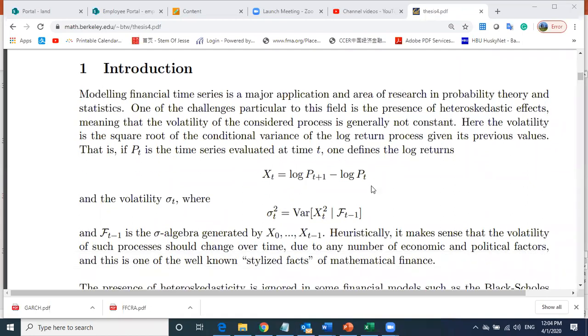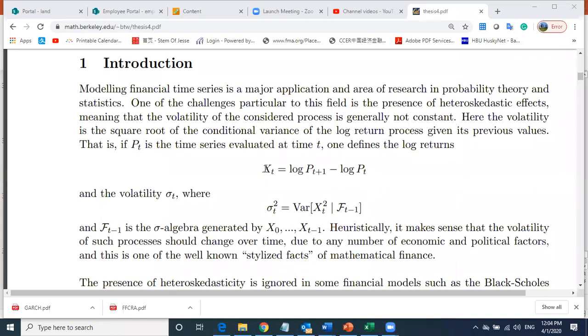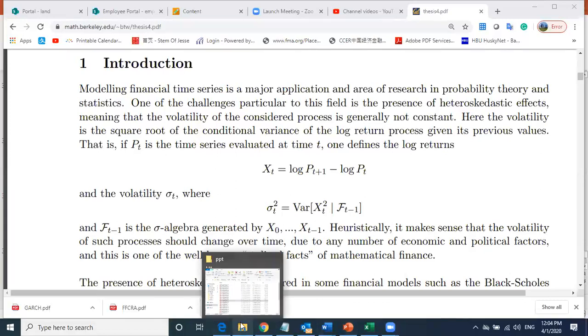Yes. Okay, so we have the log return, which we talked about last time, and also we have the volatility. When you have the log return, you just take the square of that log return.